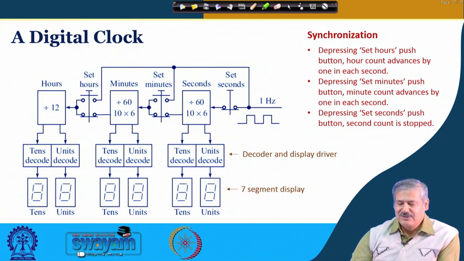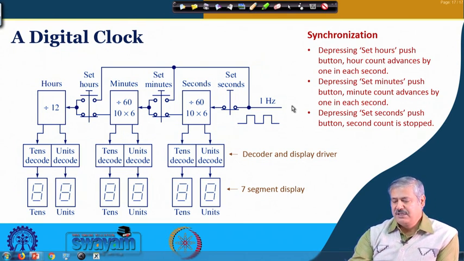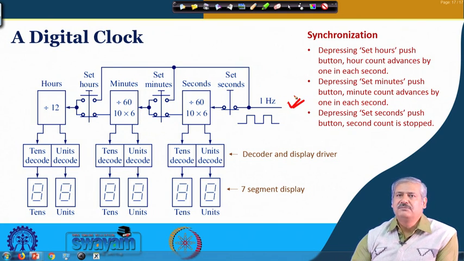What you see over here is the 1 Hertz clock, which you know how to design using a 555 timer, or any other stable multivibrator generator. Ultimately, what you need at the input is 1 Hertz, so every 1 second there is a trigger coming.